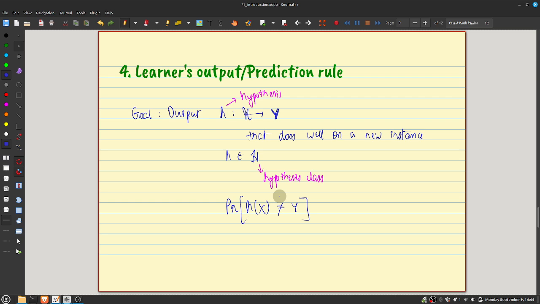Again, recall that a classification problem is one where the label set is finite. So if the set of all possible outputs is finite, then it's a classification problem. If it's uncountably infinite, then we'll call it a regression problem. So this particular quantity is what we will call the average risk, or sometimes the generalization error.